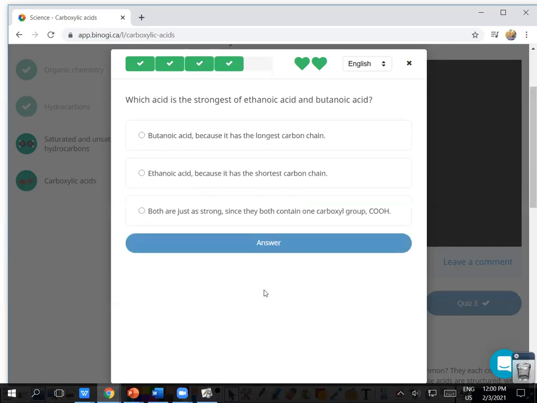Which acid is the strongest, ethanoic acid or butanoic acid? The strength of organic acid decreases with the number of carbon atoms. Here we have ethanoic acid and butanoic acid. Ethanoic acid, because it has the shortest carbon chain, and both are just as strong in that they both contain 1 carboxyl group, COOH.